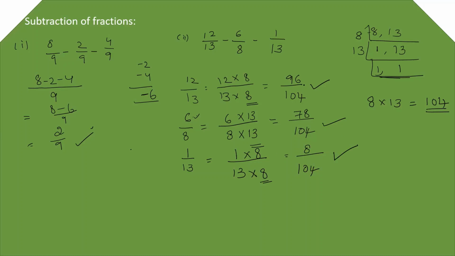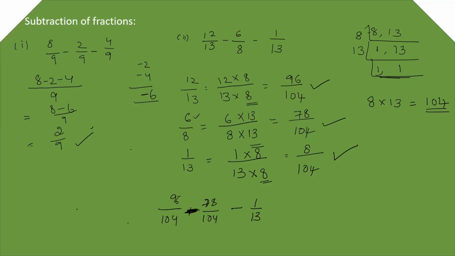Now in all three fractions we have the same denominator, 104, 104 and 104. So now write 96 by 104 minus 78 by 104 minus 8 by 104.